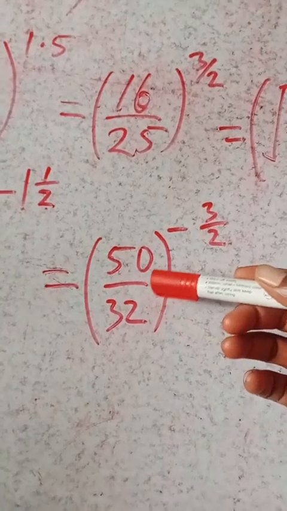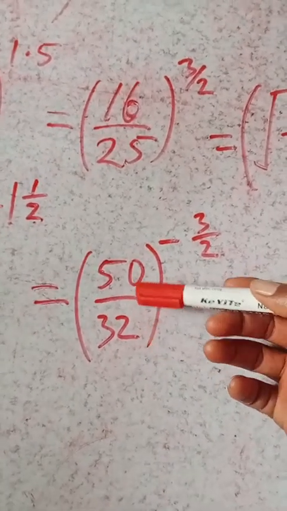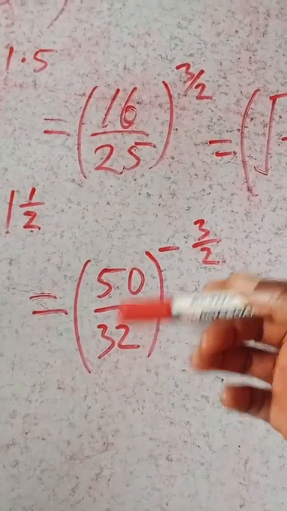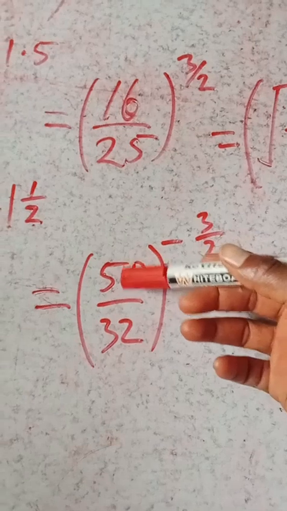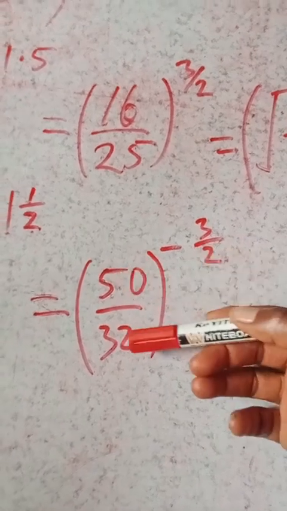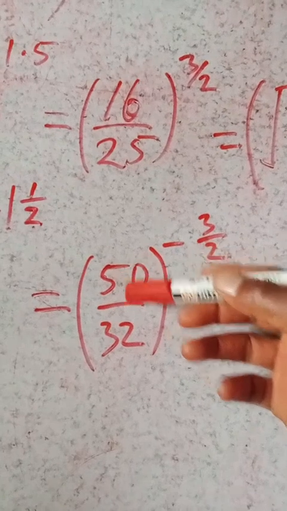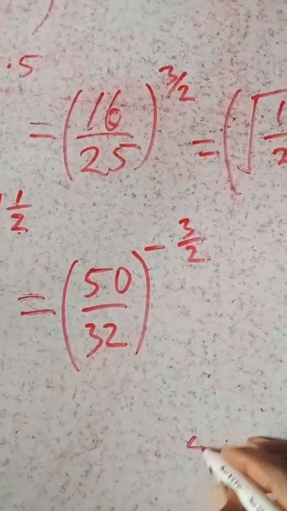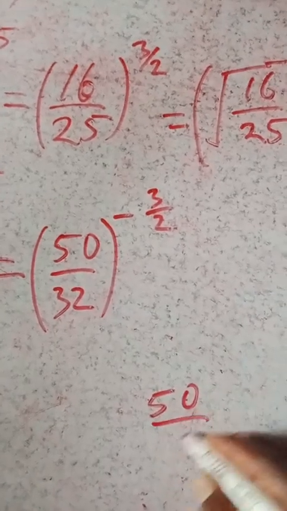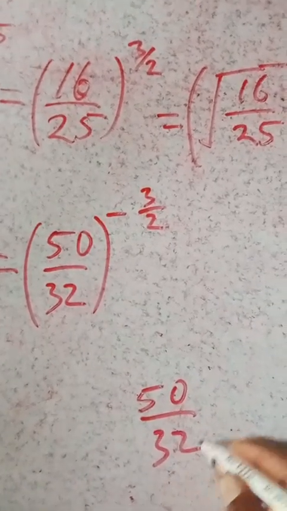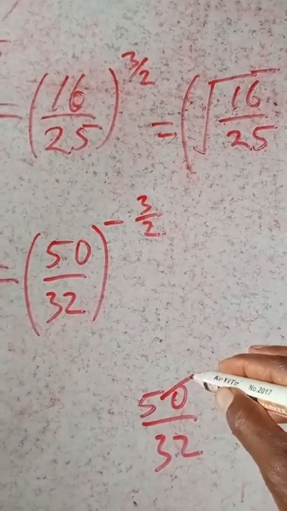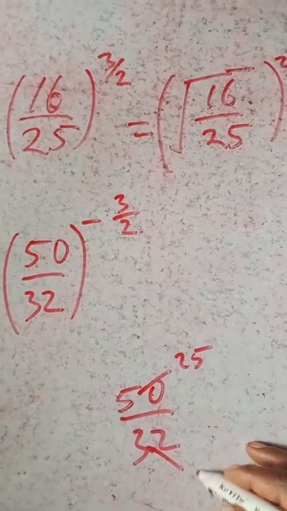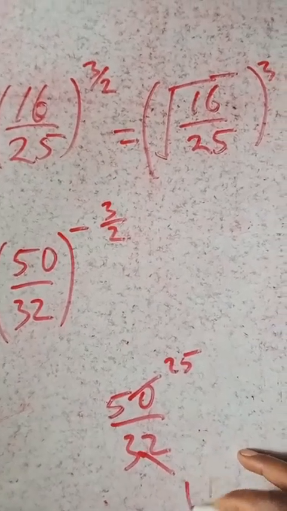So you check, is there anything I can do here? Because this one is not a perfect square, neither is this one. So can I do something? If you look at it, you can reduce the fraction. 50 over 32, if 2 divides 50, it will be 25, and 2 divides 32, it will be what? 16.